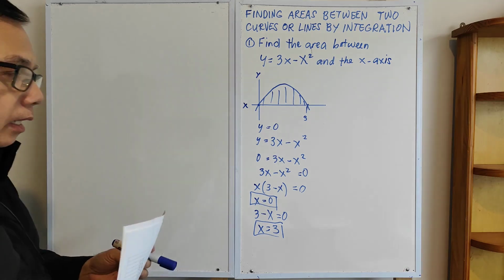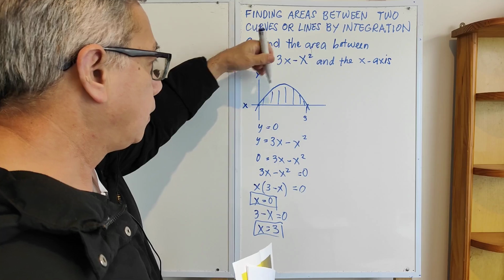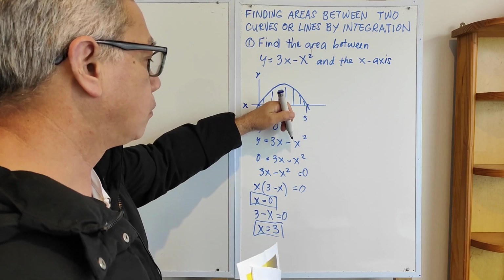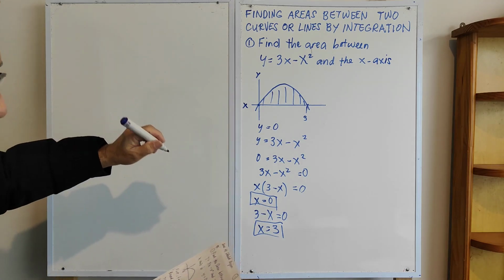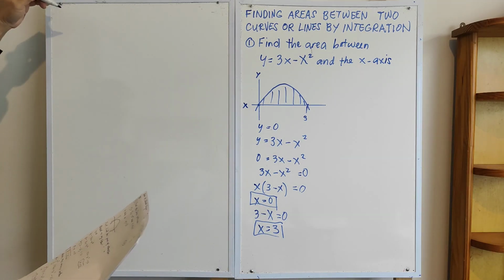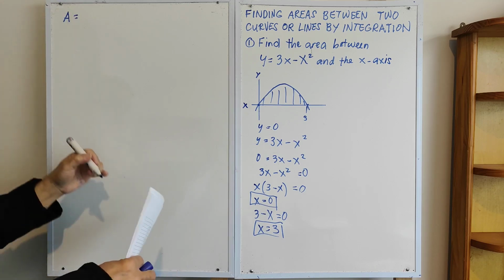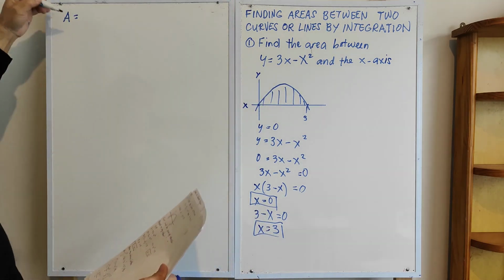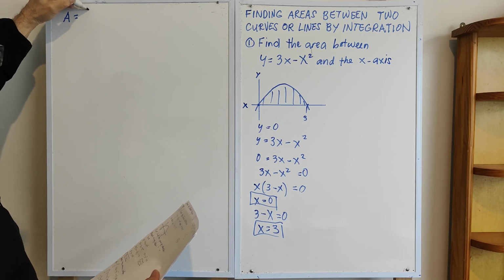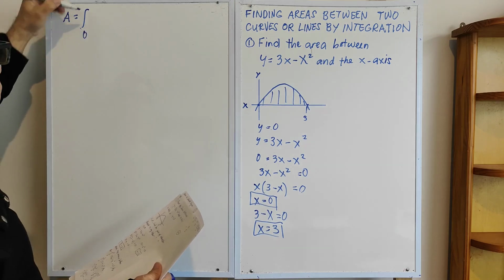Now the area is the top equation minus the bottom equation. So for our working equation, area would be equal to the integral from 0 to 3.